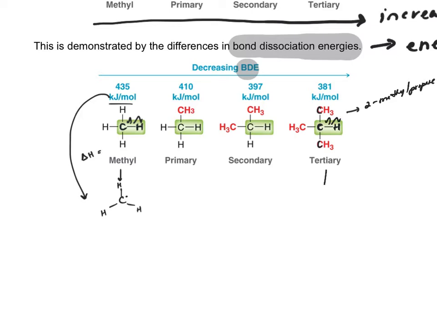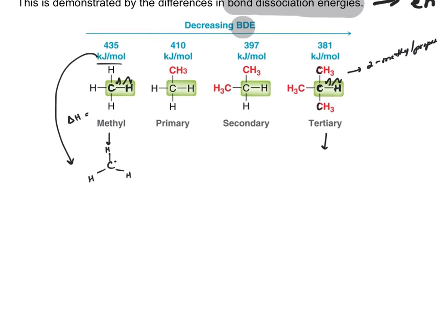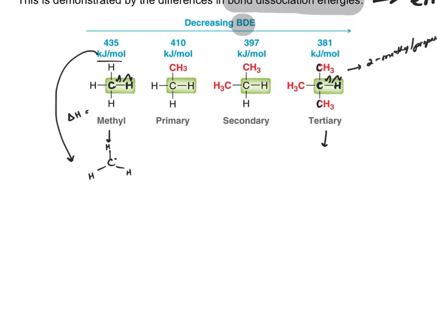In the process, instead of creating a methyl-based radical, this would create a tertiary-based radical, because the radical in the center would be surrounded by three other carbon chains. We can measure the energy required to break that bond homolytically, and what we find for 2-methylpropane is that the energy is only 381 kilojoules per mole.